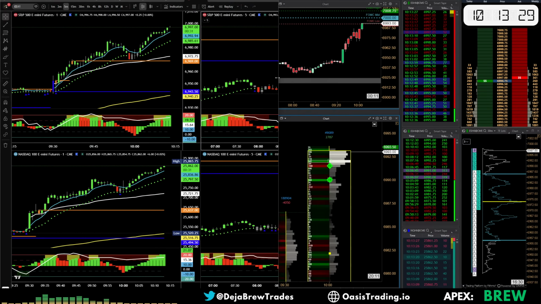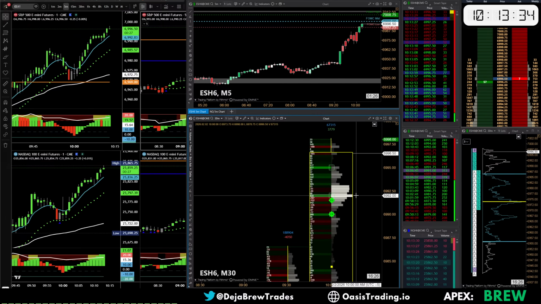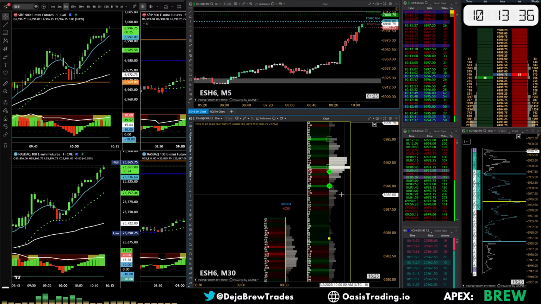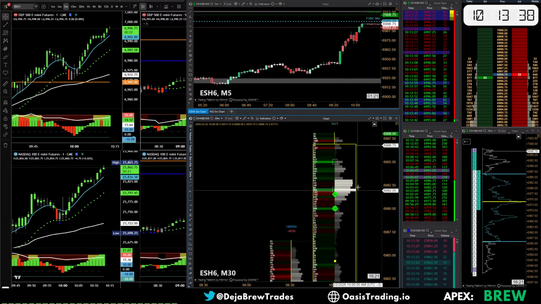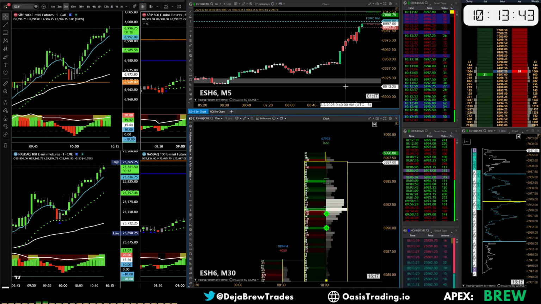So not seeing that absorption here, you can see they're kind of pushing away from that node. They need to hold above 92. Losing that node gets pretty bad. Back into the FOMC levels again.